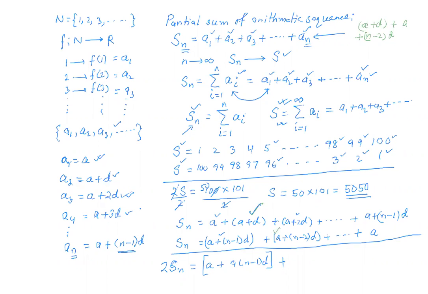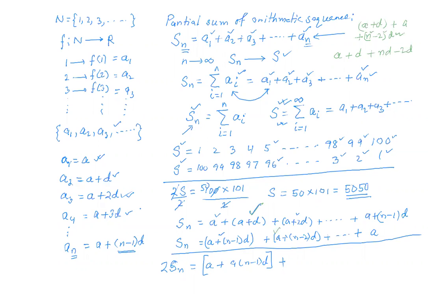I can rewrite it as A plus D plus A plus nD minus 2D. D times n is nD, D times negative 2 is negative 2D.